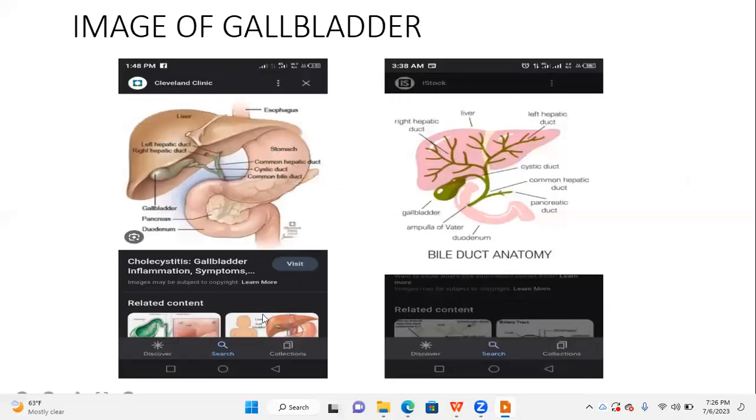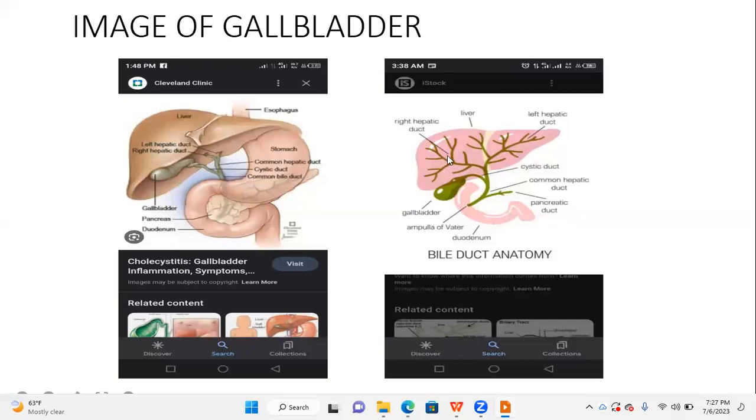So this is the image of the gallbladder. As I said earlier on, the gallbladder lies beneath the liver. This is the liver here, and this is the right lobe of the liver and the left lobe of the liver. So when we come to this image, these which are looking like branches of trees are hepatic ducts.